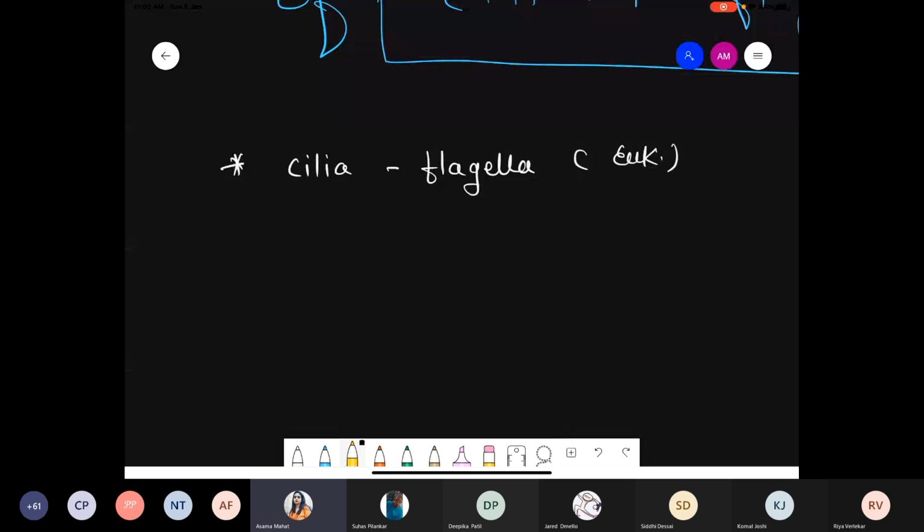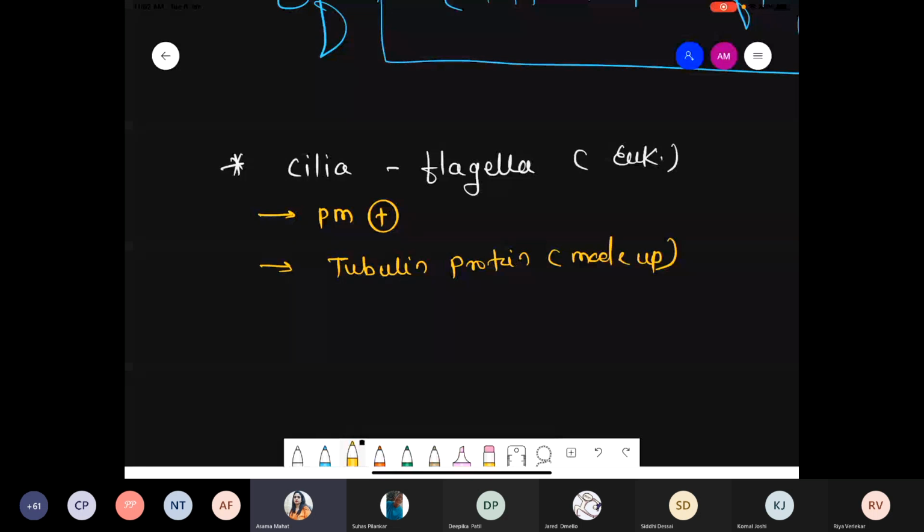Very important: when we talk about cilia and flagella, please remember the plasma membrane is present. And they are made up of a protein, that is tubulin protein.